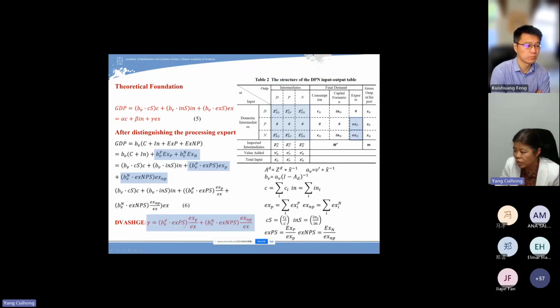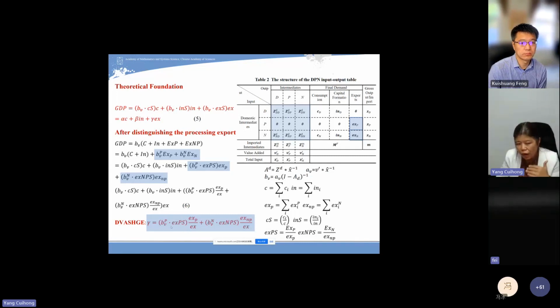This is the weighted average: the new gamma is a weighted average of the total value added coefficients of processing export and non-processing export. So this is our starting point, and later on we will estimate the evolution of gamma, alpha, and beta, but we mainly focus on the evolution of gamma across the years and how it changed.